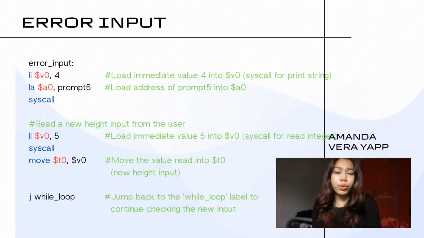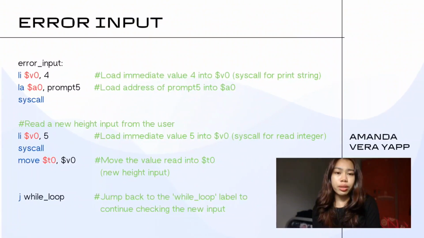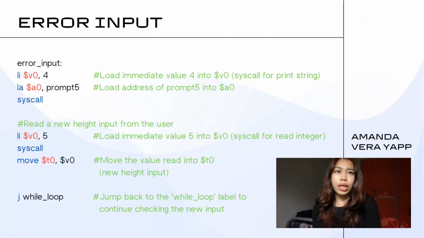For error input, we need to load immediate value 4 into register V0, which is syscall for print string. Then we load address of prompt 5 into register A0 and do the syscall. Syscall allows us to call upon the basic system function. For this part, we need to read a new height input from the user.